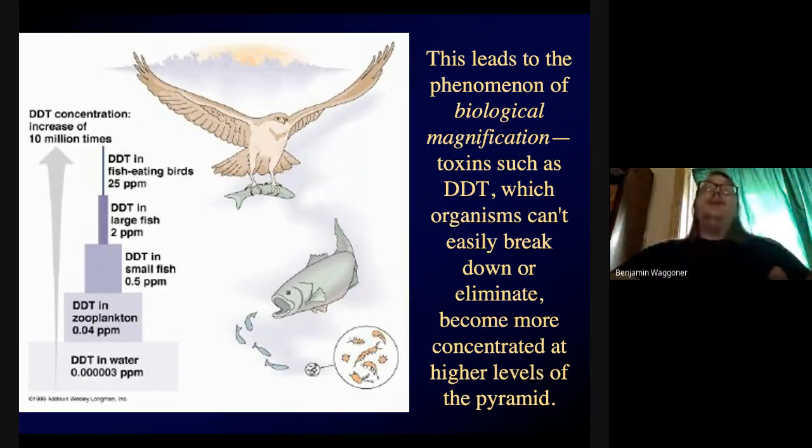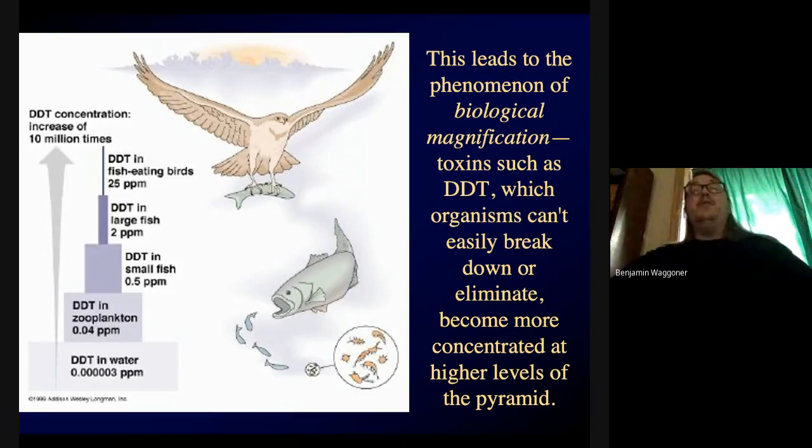And by the time you have that concentration of DDT in fish-eating birds, it starts having a bad effect. The birds are no longer able to make strong eggshells, so they're laying eggs that crack as soon as they're laid. DDT is a reason why the bald eagle, when I was a kid, was endangered in all of the states except for Alaska.